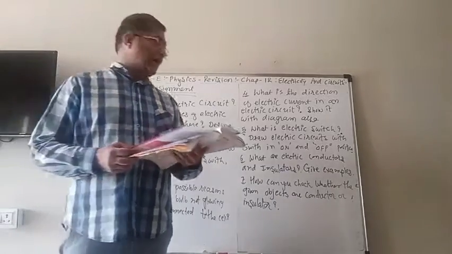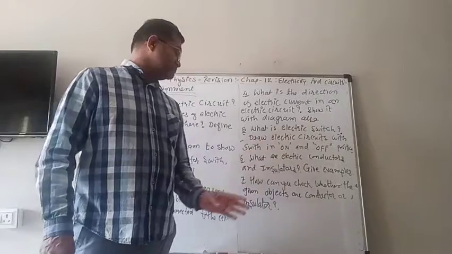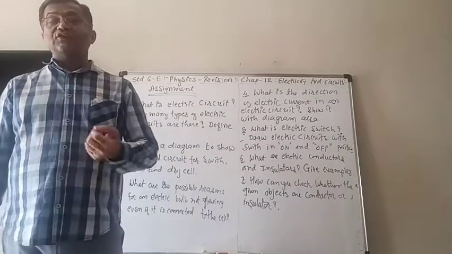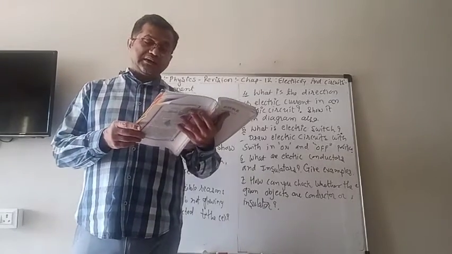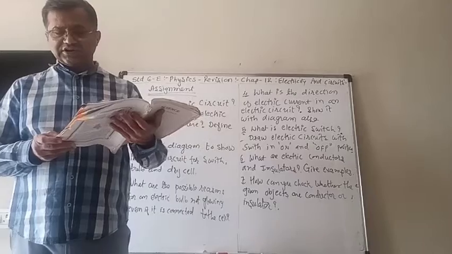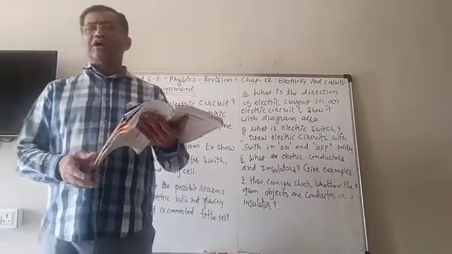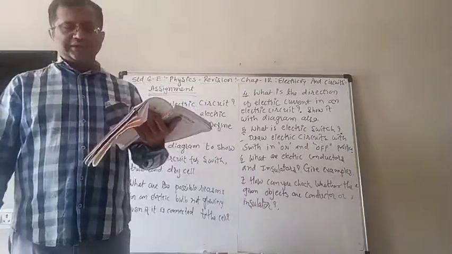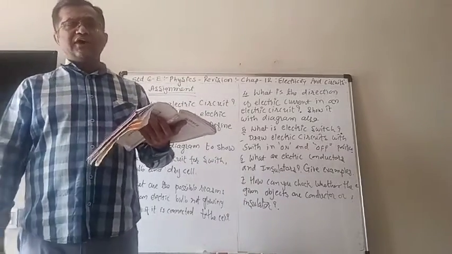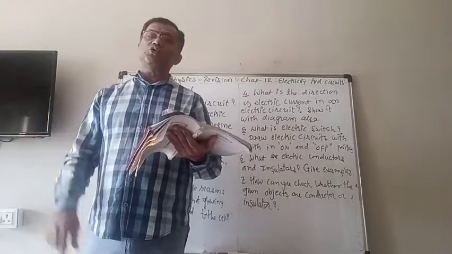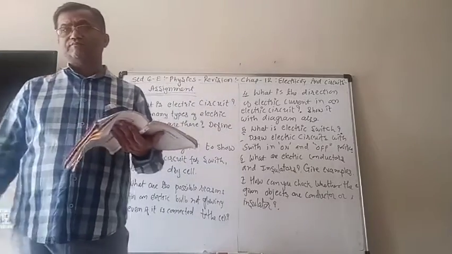Now, how can you check whether the given objects are conductors or insulators? For that we can make a conductor tester, in which we take a dry cell, a few wires and a bulb. Now we make an electric circuit and keep two ends open.